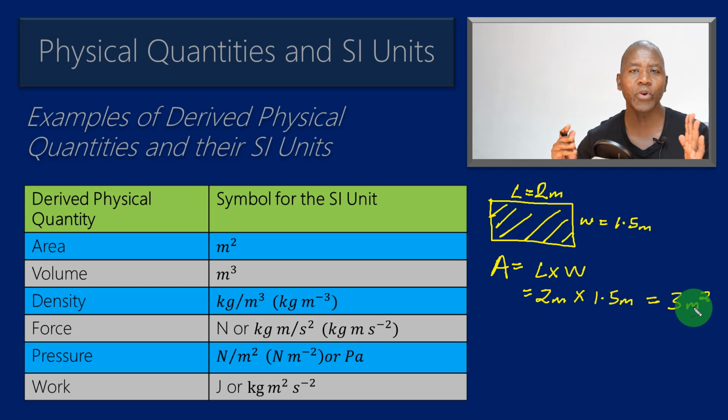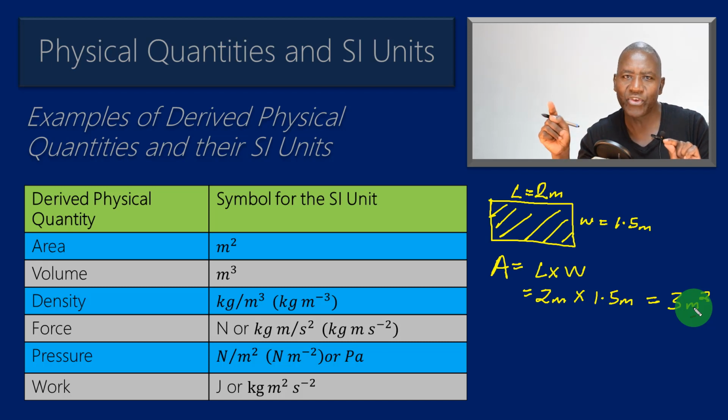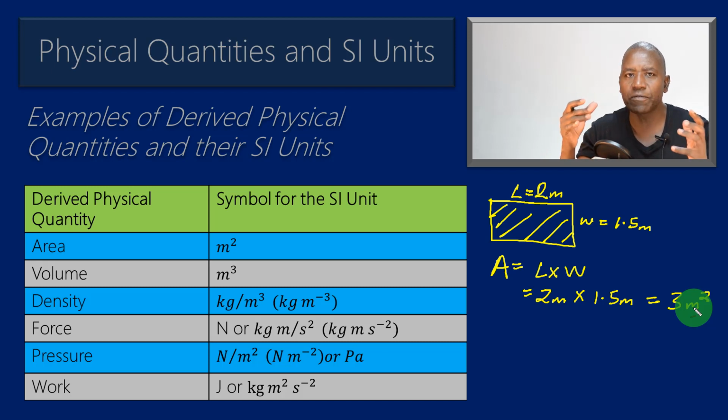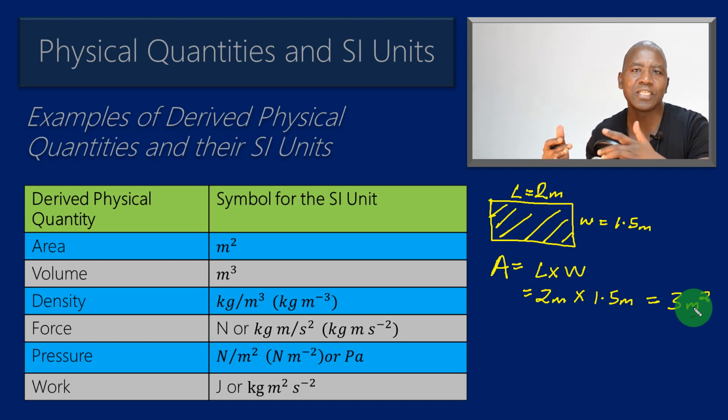Notice that I'm following that rule, which states that physical quantity is equal to number times unit. And when I name a physical quantity, I want to talk about the area of something, not just area. Just like when we were talking about the car, we talk about the speed of the car, not just speed.